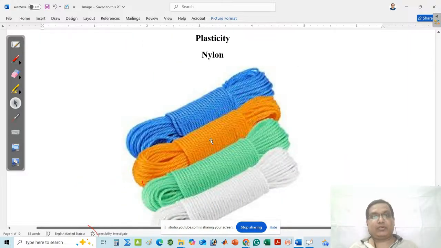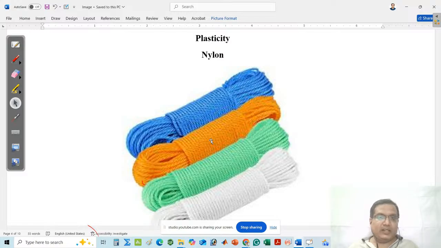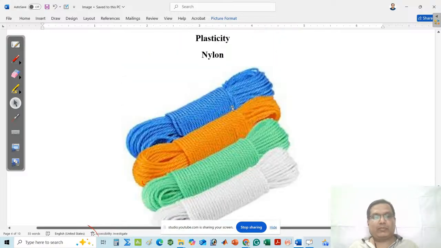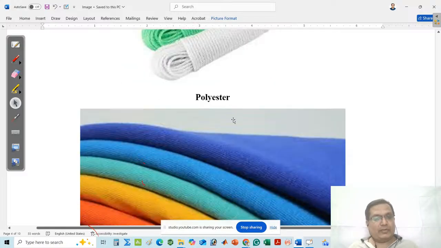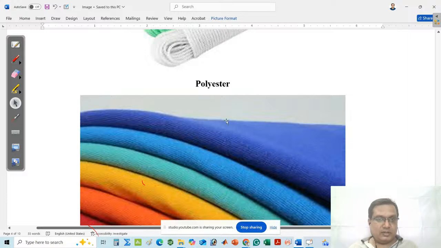A better example is polythene. If you stress the polythene, it does not regain its original shape and size. But if you stress the rubber, it regains its original shape and size. Nylon cannot show the property like rubber. Polyester also doesn't show the property like rubber.